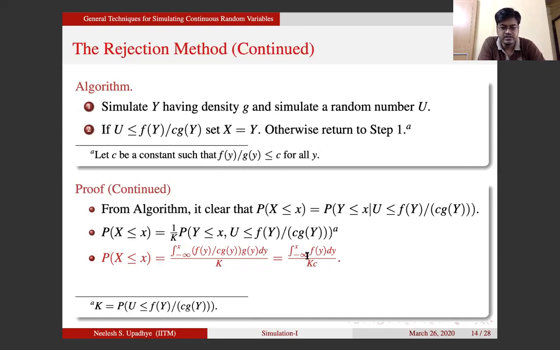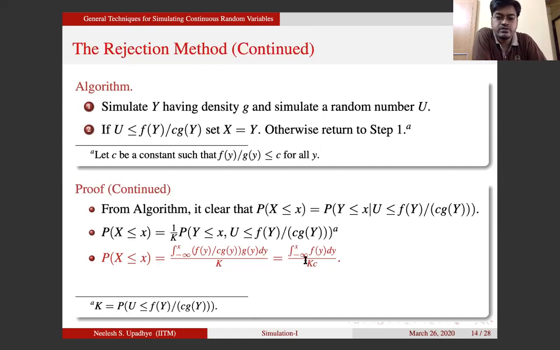C is a constant that doesn't depend on x or y, so we can take it out, giving 1 by kc times the integral from minus infinity to x of f(y) dy. But f is nothing but the distribution which we want to simulate. Correct? So this gives the probability of X less than or equal to x.